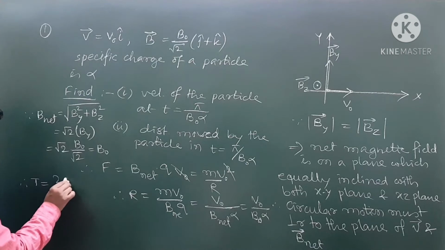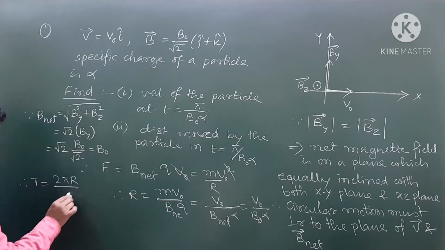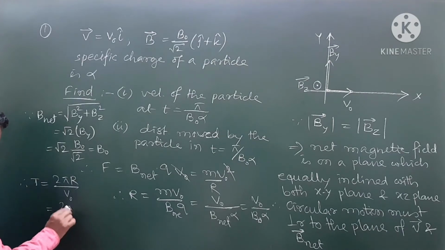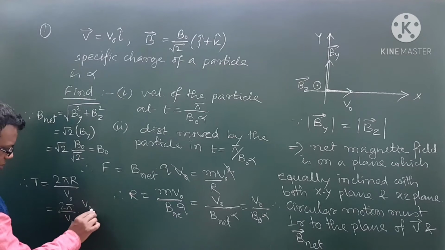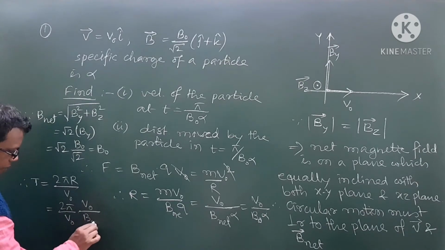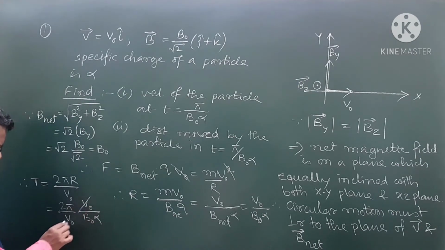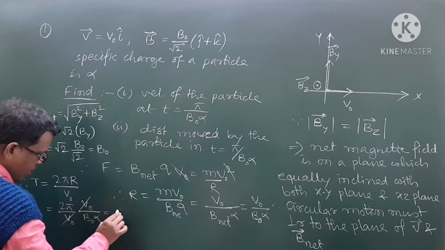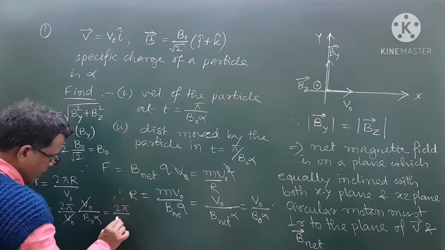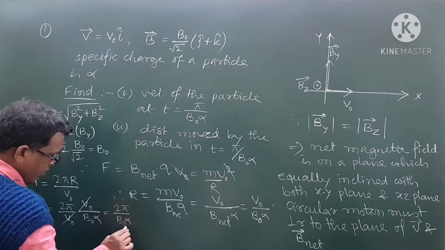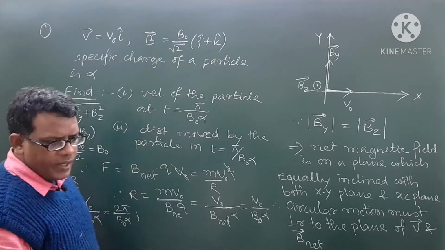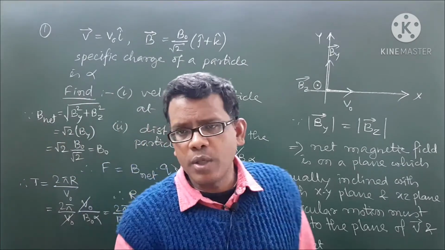We know that it is 2 pi r by v. So 2 pi by v naught, and the radius we have got as v naught by B naught alpha. So v naught cancels, and the time period is 2 pi by B naught alpha. So we have got the time period to complete one circular motion, that is, to complete one rotation.